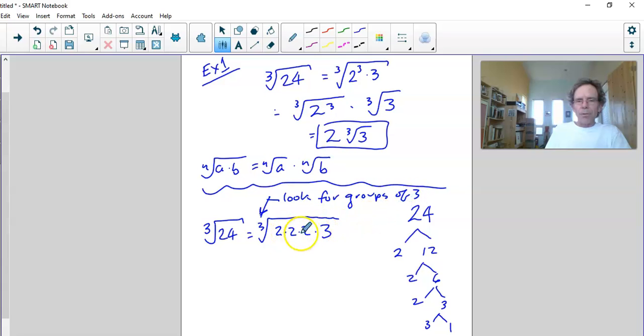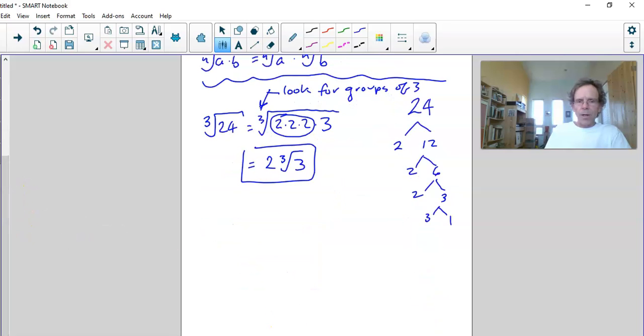Are there any groups of 3? Yeah, we've got 3 2s there. Anything that I've circled will come on the outside of the radical. We'll just get one number for every group. So we get 2 cube root of 3, the same thing we got before. Okay, now we can move on and do some more advanced problems.